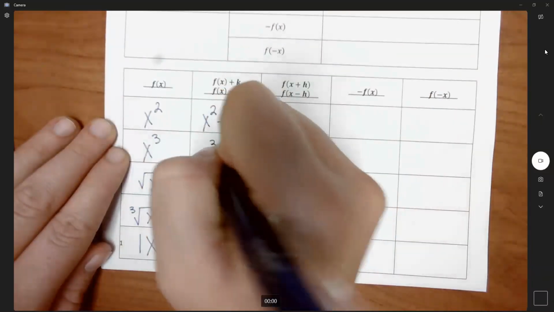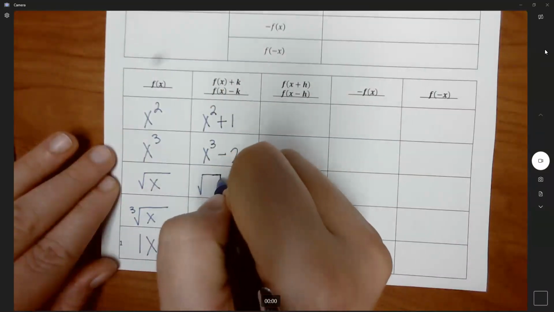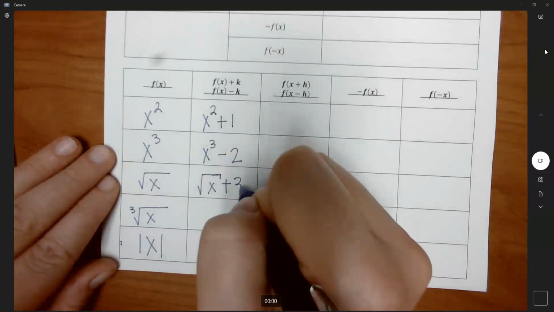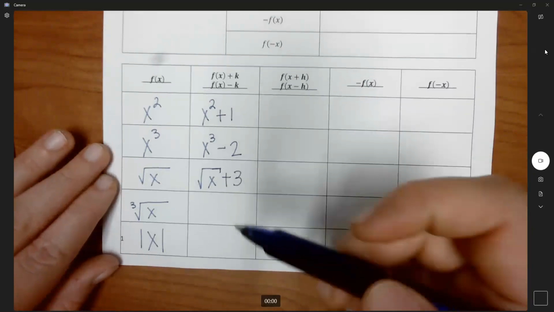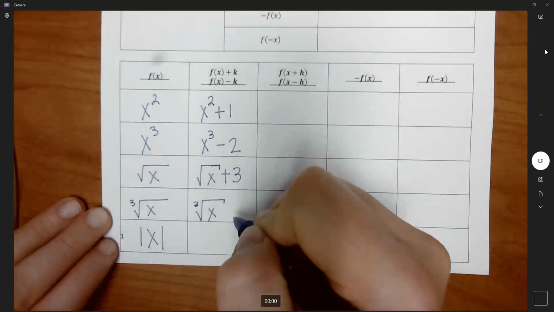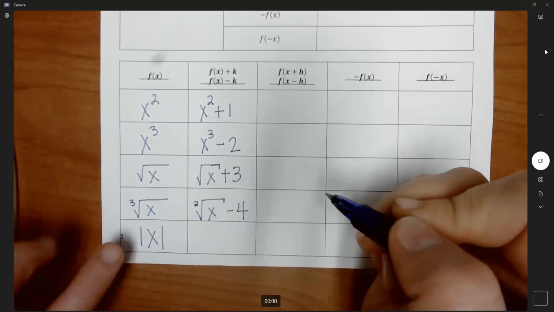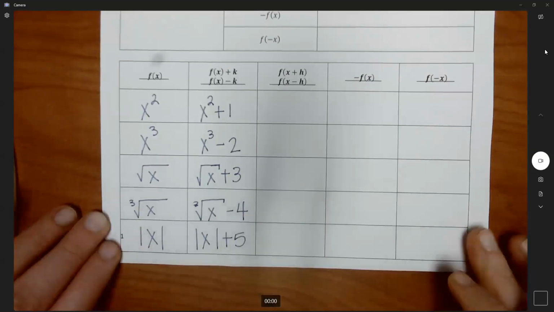This is x cubed minus 2. This is the square root of x plus 3. And I like to make this little thing here so I know where that square root ends. Here we have the cubic root of x minus 4, and then the absolute value of x plus 5.